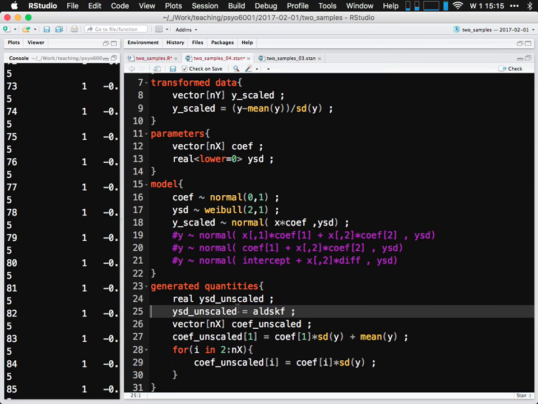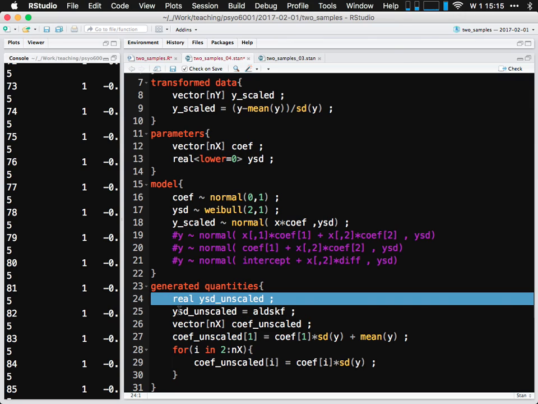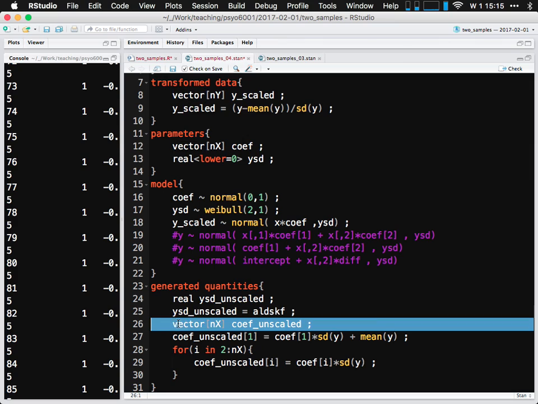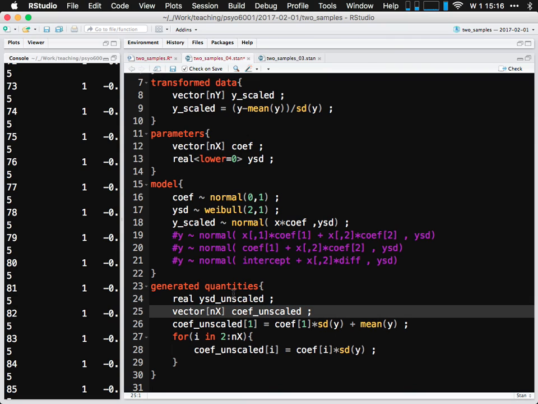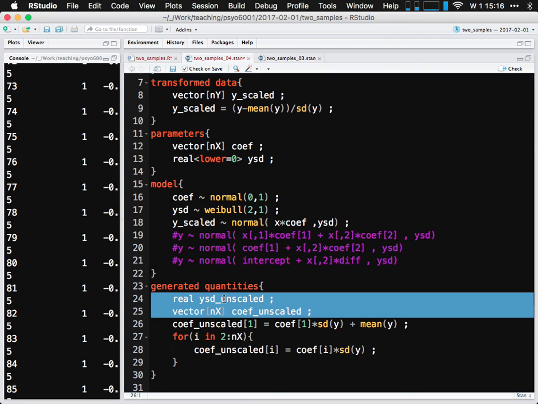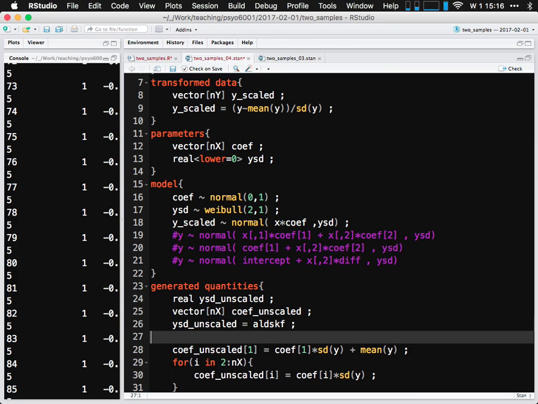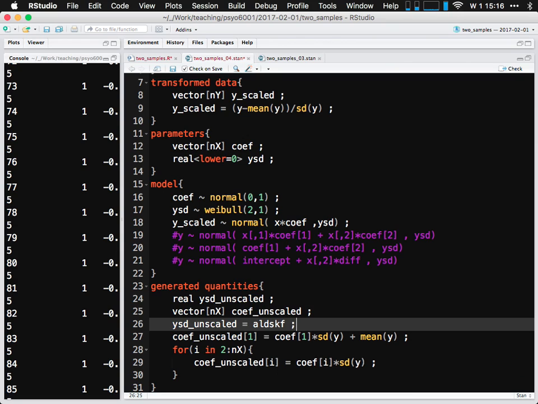If I put that and this were actually a meaningful computation, it would still give me an error because it will see a definition, computation, definition. It wants to see all the definitions in a row and the computation next. In the next version of Stan, I'm pretty sure they're going to make it so that you can define and compute in the same line. But for now, you have to define all your things and then do the computations. So it's a little annoying.